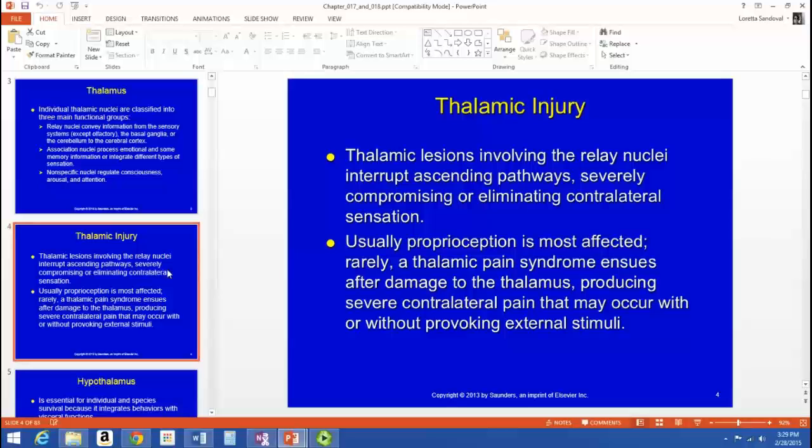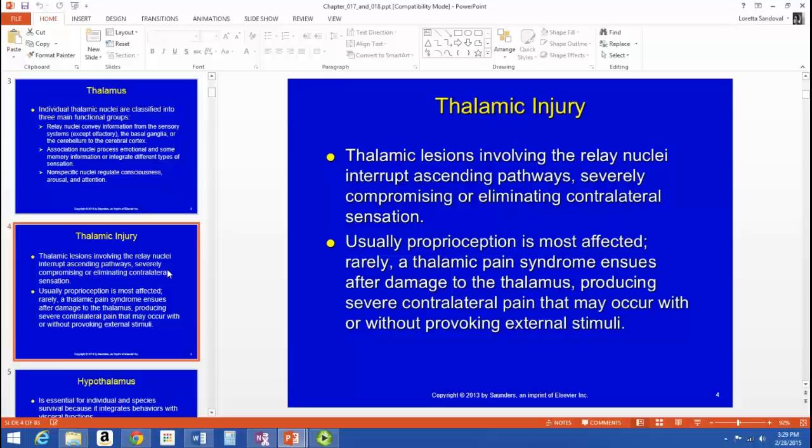So if you have a thalamic lesion in a relay nuclei area, you're going to get compromised or eliminated contralateral sensation. Proprioception, conscious proprioception, where we do the test where we say, is your arm up or down, is your finger up or down, that kind of thing. Usually that's what's most affected in that sensory information with thalamic injury.